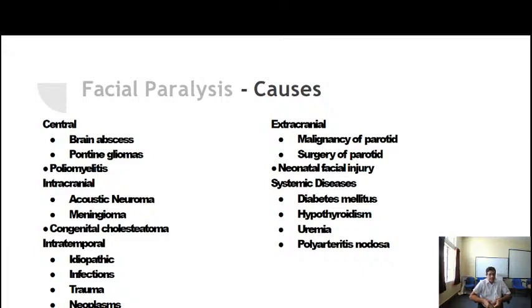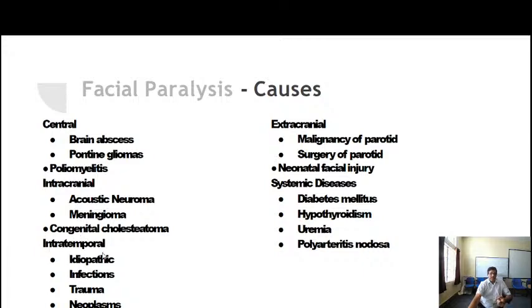The intratemporal are usually divided into idiopathic, infections, trauma, neoplasms. The extracranial: malignancy of the parotid, surgery of the parotid, neonatal facial injuries during forceps deliveries, and systemic diseases: diabetes, hypothyroidism, uremia, and polyarteritis nodosa.